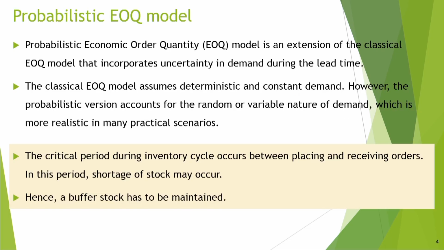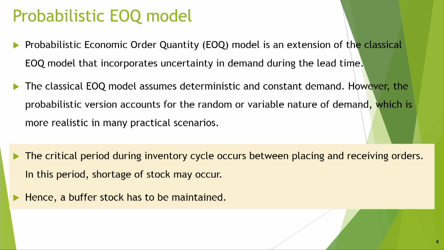Okay. Now, let us discuss probabilistic EOQ model. Probabilistic economic order quantity model is an extension of the classical economic order quantity model that incorporates uncertainty in demand during the lead time. Okay.